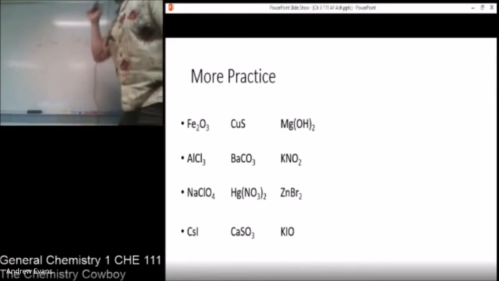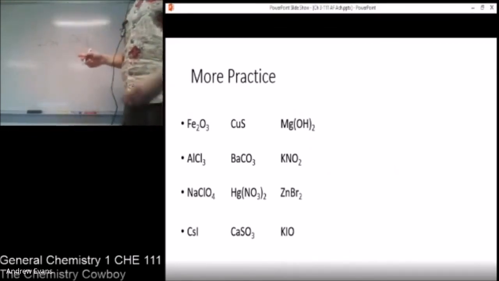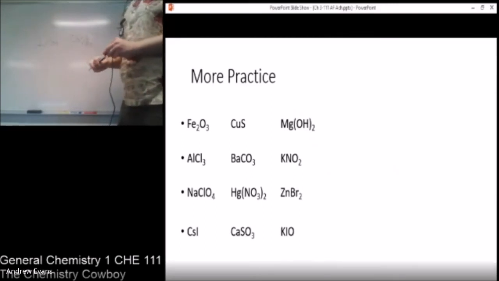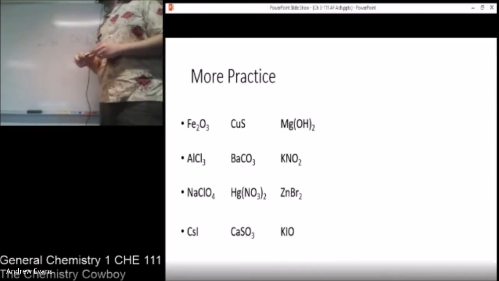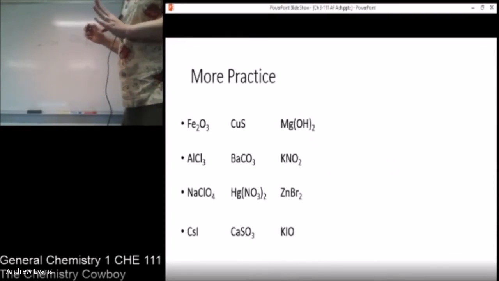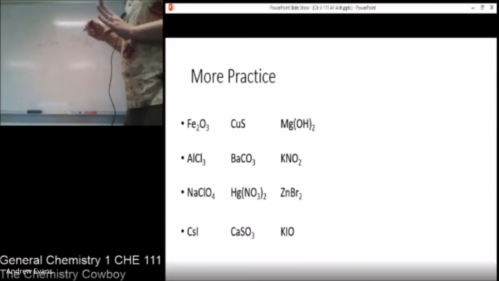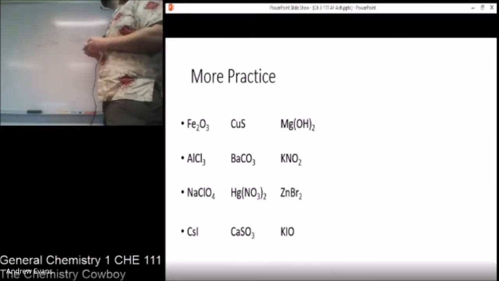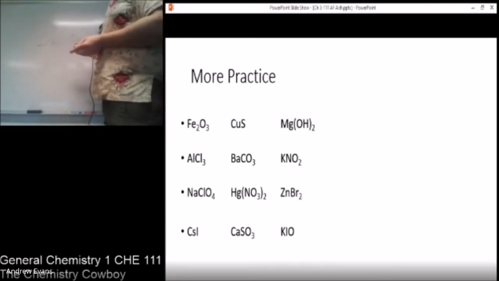I'm not sure if you can see that on the screen, so I'm just going to speak what I'm doing. Iron oxide. So I look, there's 3 oxygens at 2 minus, and the 2 subscript for the iron.